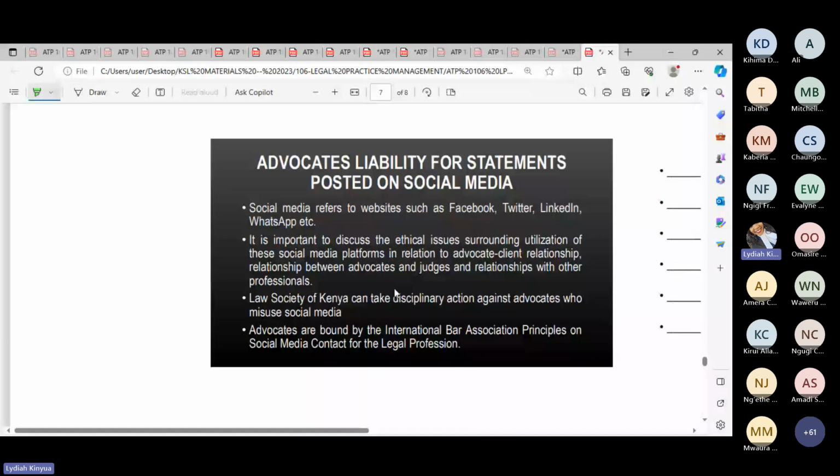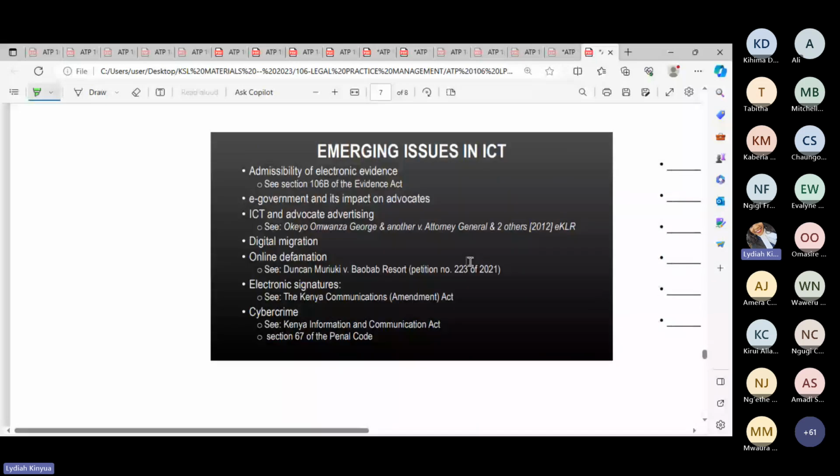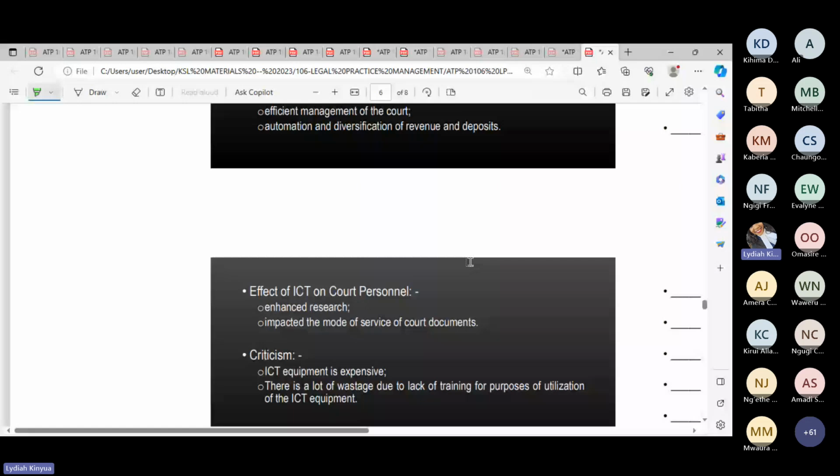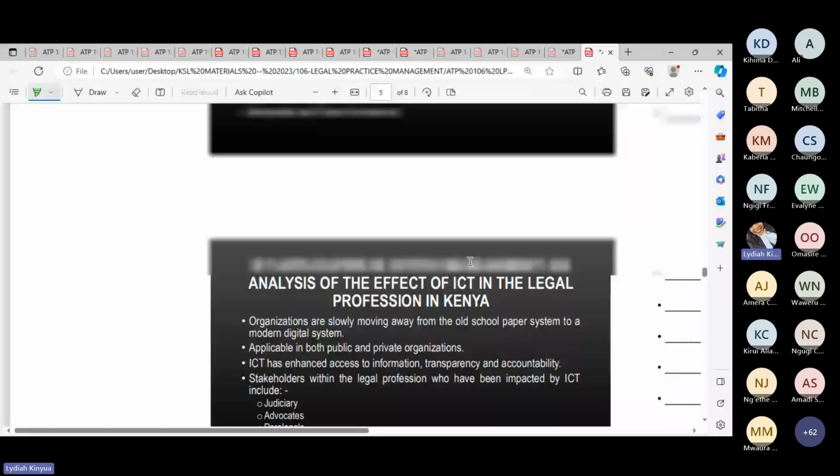So ICT application in office management: number one, word processing. Number two, spreadsheets. Number three, databases. That is what I'm seeing on the course outline. How do you apply ICT in office management? You can use your word processor, you can use spreadsheets, you can use databases. You can just put your points there, but just remember it's an examinable question: ICT application.